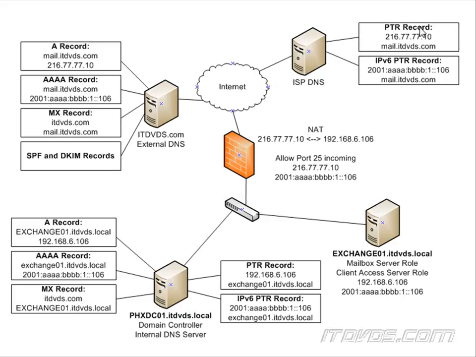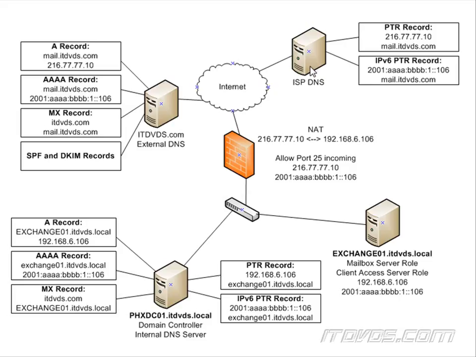Now there's also going to be multiple DNS servers we're going to be working with here. We've got our internal DNS server down here that's on our local area network. We've got our external DNS server out on the internet for itdvds.com. We also may be working with our ISP, or Internet Service Provider's DNS server, in order to create reverse DNS records or pointer records.